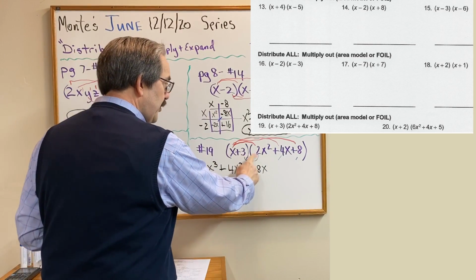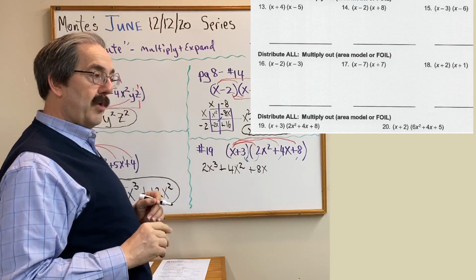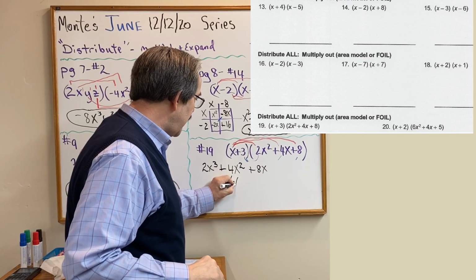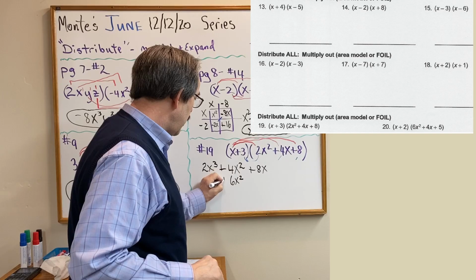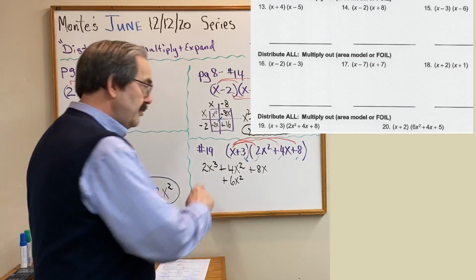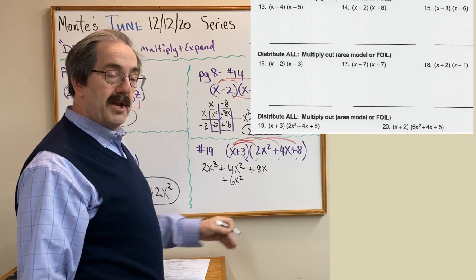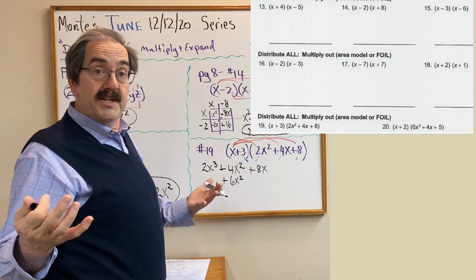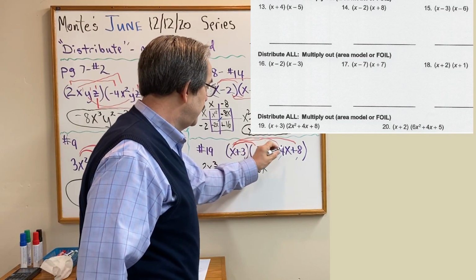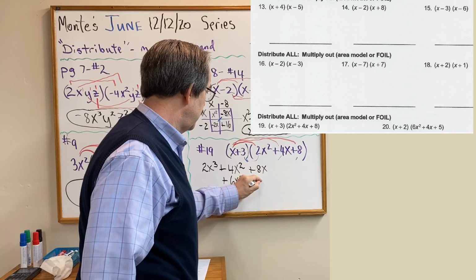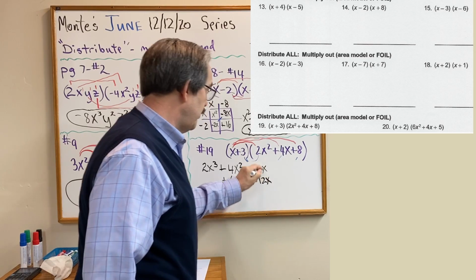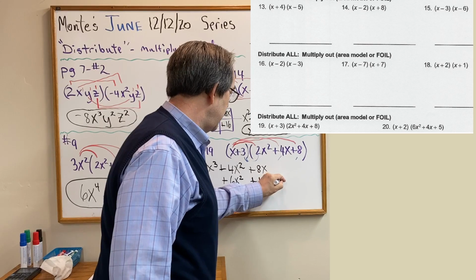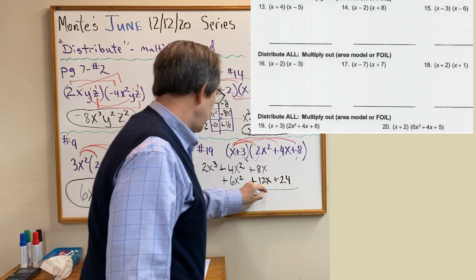Now, our ultimate goal is to combine like terms. When I take the 3 times the 2x squared, 3 times 2x squared is 6x squared. I don't just keep writing it out. I'm going to line them up, like terms with like terms, so that when I combine them, they're easier. 3 times 4x, 12x, under the previous 8x, and 3 times 8, 24.